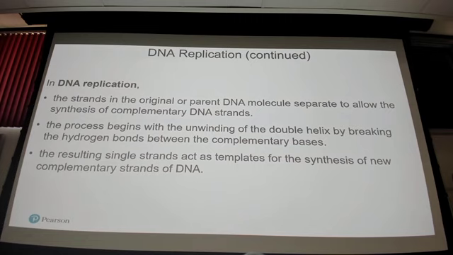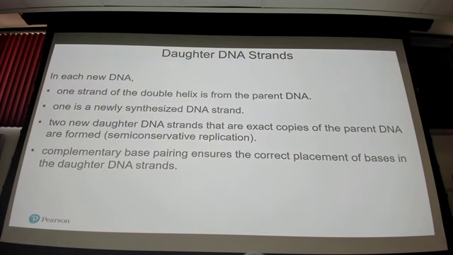In each new DNA molecule that is synthesized, one strand will be from the parent or original strand, and one will be newly synthesized. That is called semi-conservative replication because you have one old, one new. And of course, it's complementary base pairs that combine to form the new daughter DNA strands. That's what they're called.